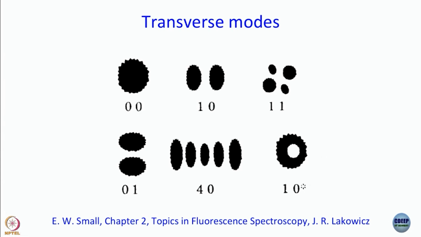Now, one thing I have not drawn here is you can also have nodes that are radial, right. So, here I have drawn nodes as planes, but you can also have a spot, then a circle of darkness and then another spot of light, or you can have 2 of them, 3 of them, 4 of them. So, radial nodes are also there, again you call them 1,0, 2,0, and so on and so forth.